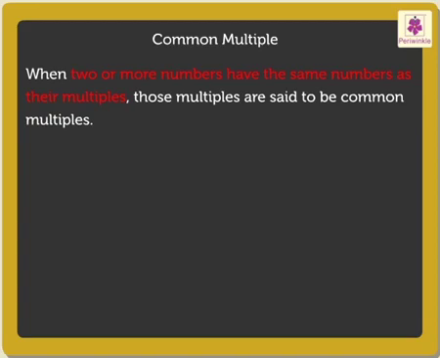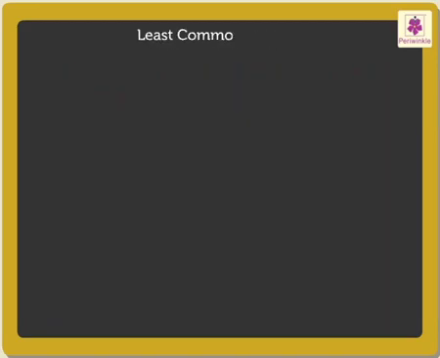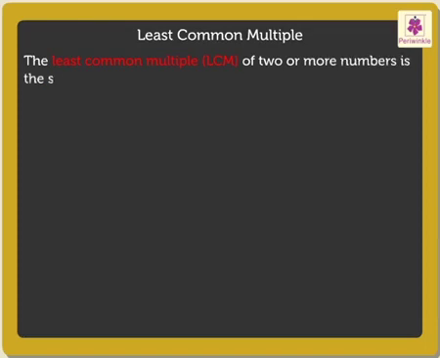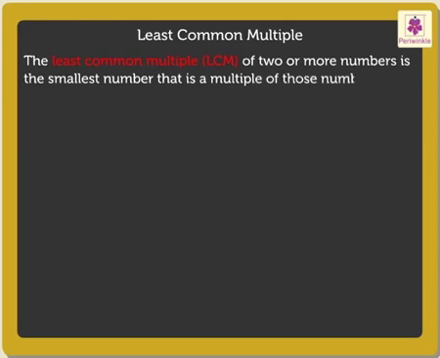Now, let us see what we mean by the least common multiple. The least common multiple of two or more numbers is the smallest number that is a multiple of those numbers.